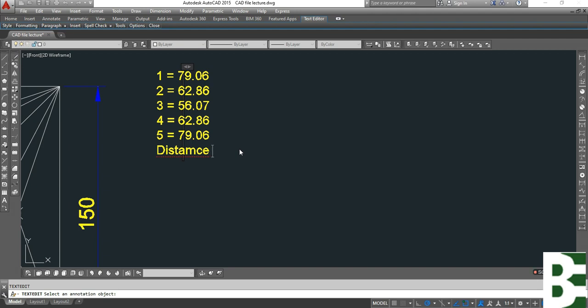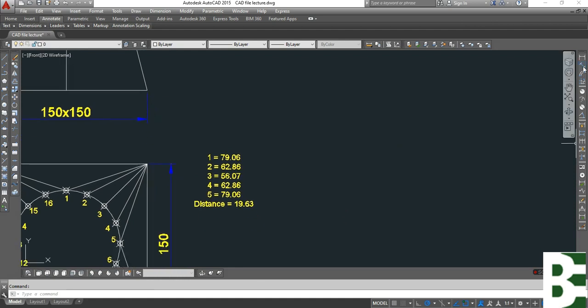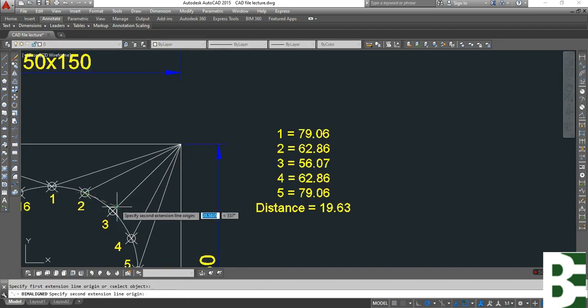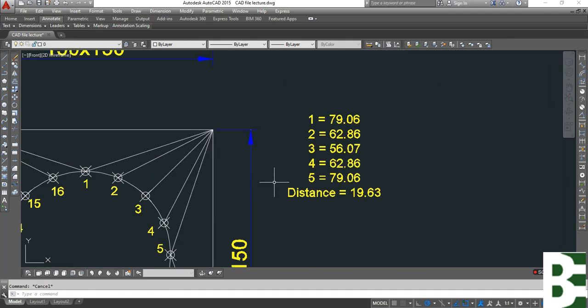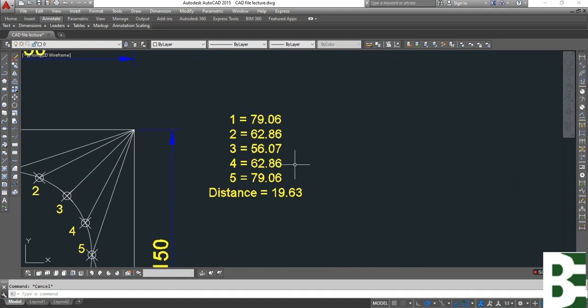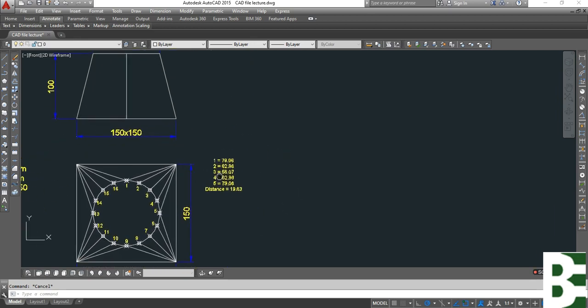I will mention this distance here for further calculation. This is necessary. This is my table number 1. As you see, this is the arc length and this is the chord length. These are not matching with each other. That's why I need the arc length.